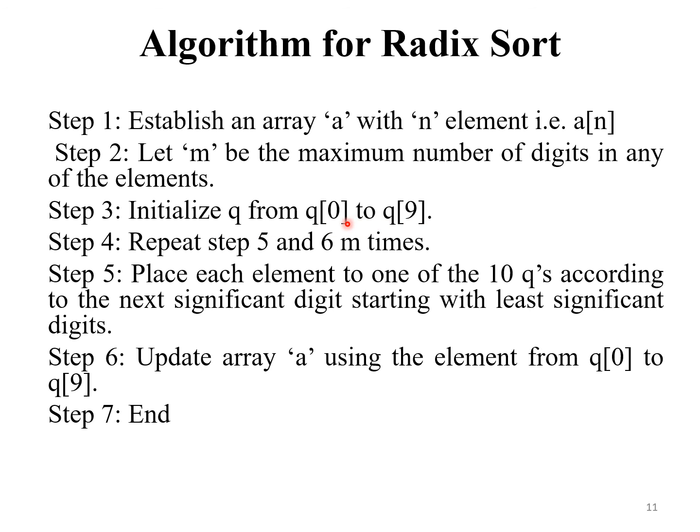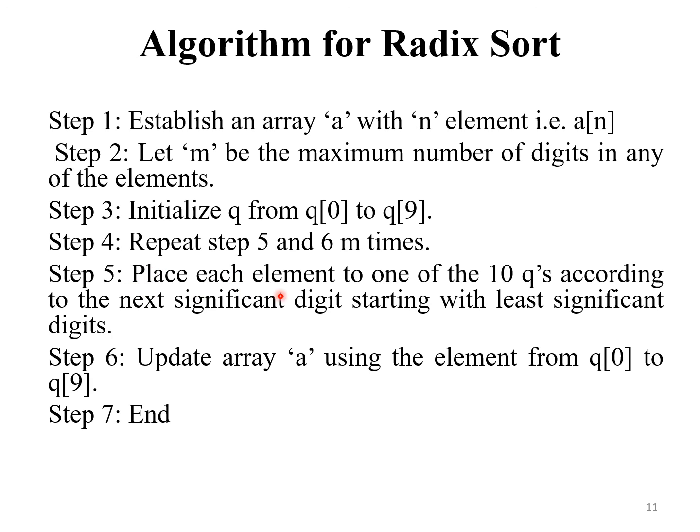Here we initialize buckets 0 to 9, meaning 10 buckets. Step 4: Repeat steps 5 and 6 m times. Here, if the maximum number of digits is 4, meaning the largest element has 4 digits, then m is 4.